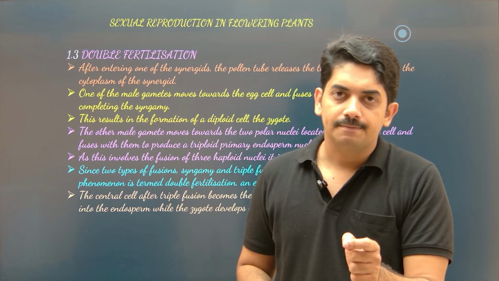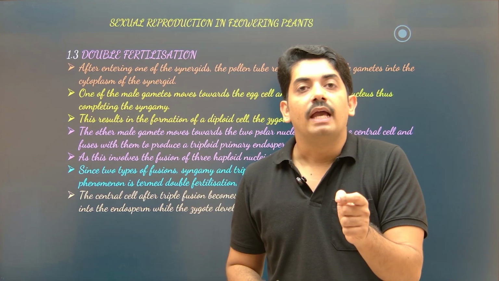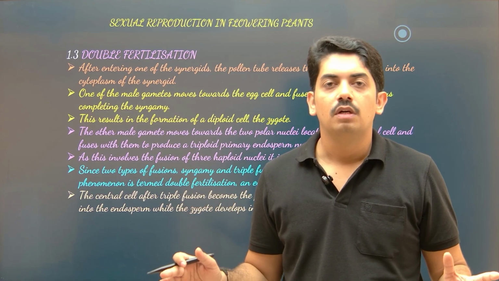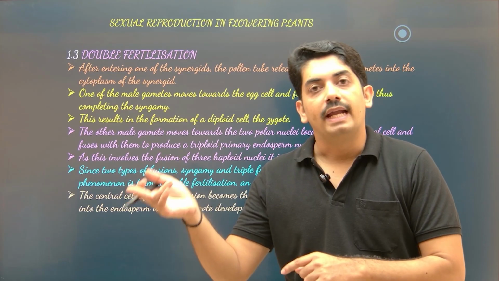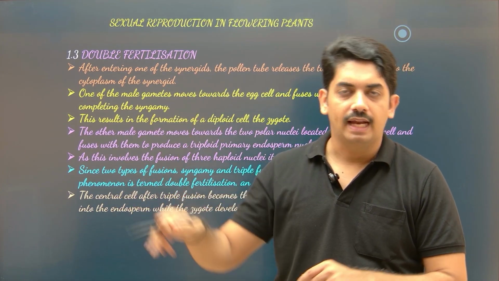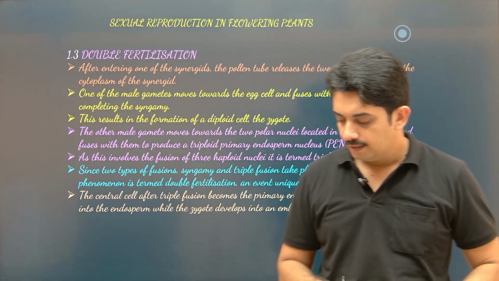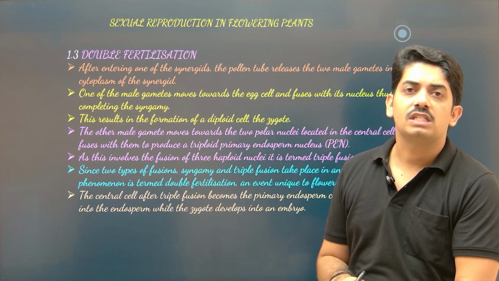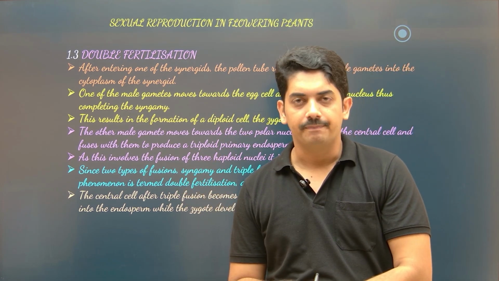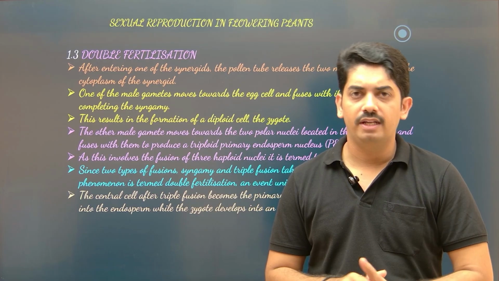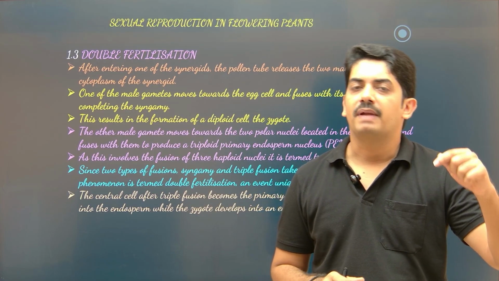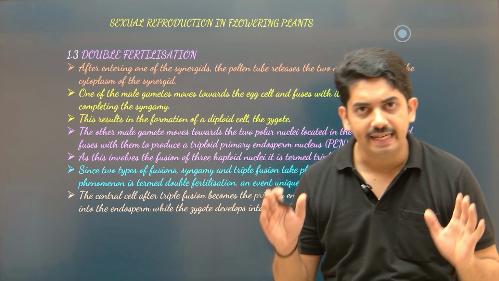The reason is that the developing embryo needs sufficient food for its development, so endosperm development takes place first and then embryo development. There is a high chance that questions may be asked based on ploidy. Now tell me, what is the ploidy of endosperm? It is triploid because the primary endosperm nucleus is already diploid.